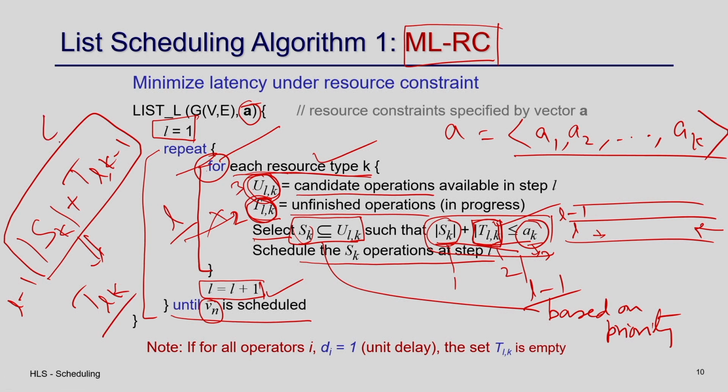Since this is less than or equal to A K, this also must be less than or equal to A K, because in timestamp L minus 1 I made sure that the number of running operations plus the new operations I added is less than or equal to A K, and those are the operations that at most can still be running in L. Few of them may be complete, but at most all of these may be running in time step L. So, this way I am ensuring that in every time step the running operations are always less than or equal to the number of resources available. So, it will not go into that scenario at any time.